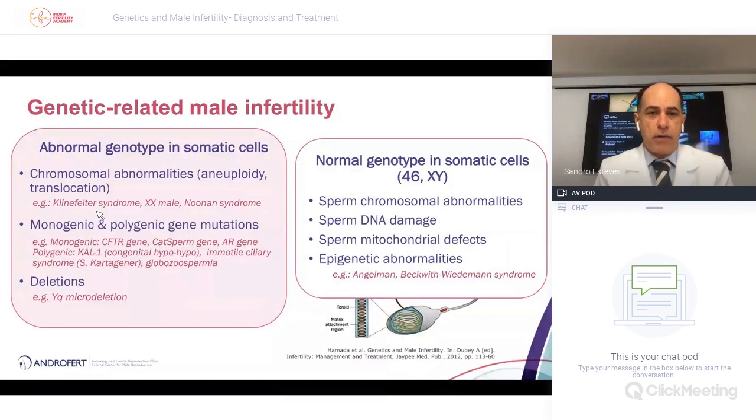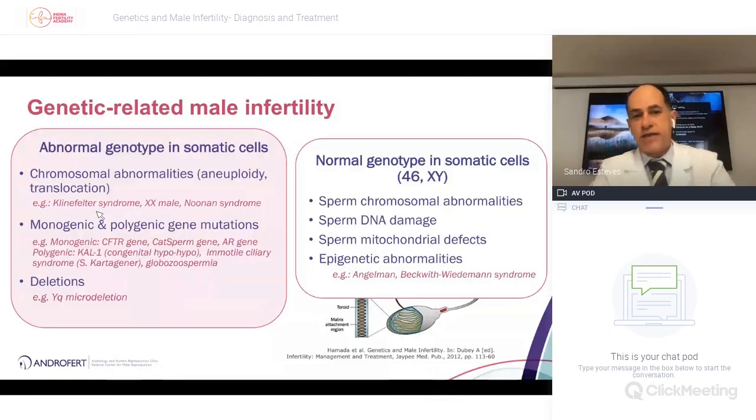There are other, less common ones, but Klinefelter syndrome is a very good example. In all somatic cells of a patient with Klinefelter syndrome, the genotype will be 47XXY. That could be mosaic or non-mosaic, but this is the basic genotype of the individual.